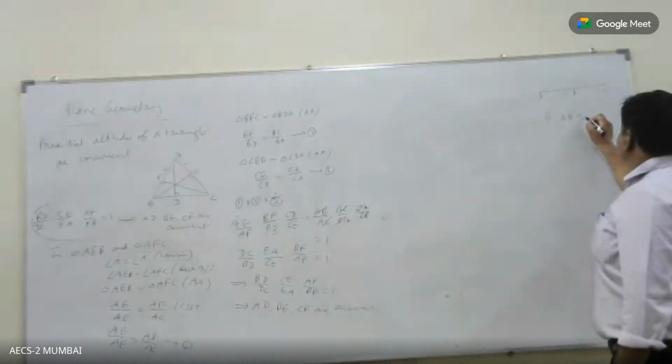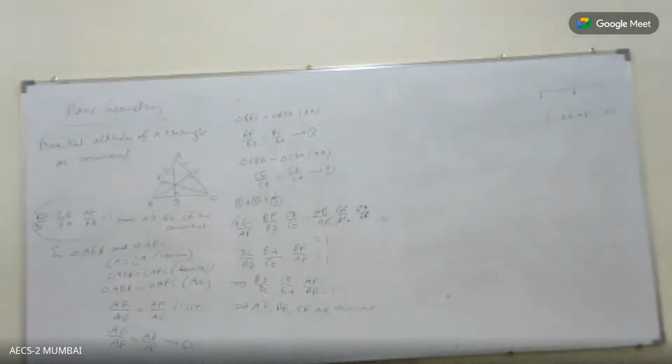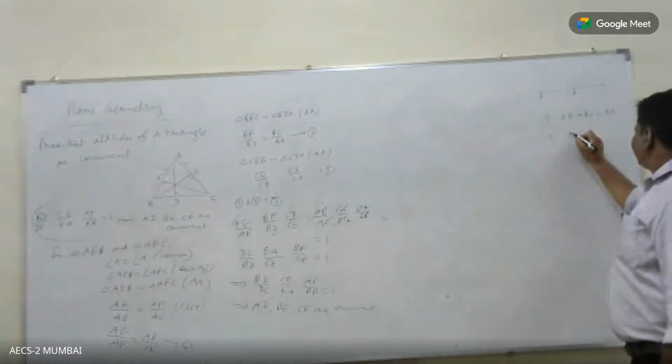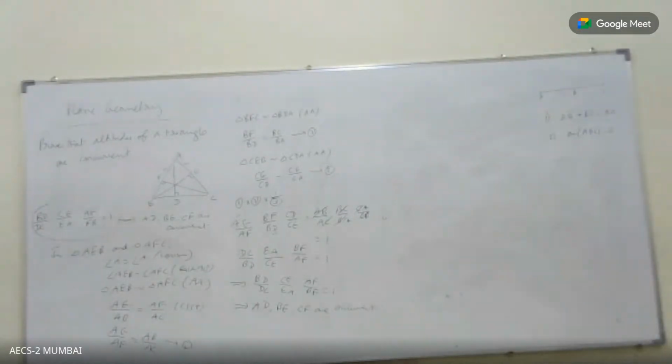If you get the result AB plus BC equal to AC, they are collinear. Any other way? Good. So there is one more way. Area of triangle ABC is 0. If you prove that, it confirms that they are collinear.